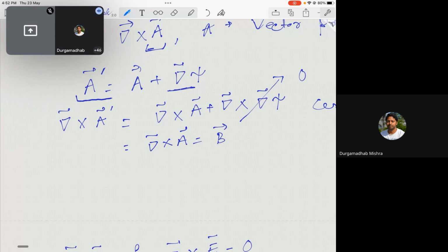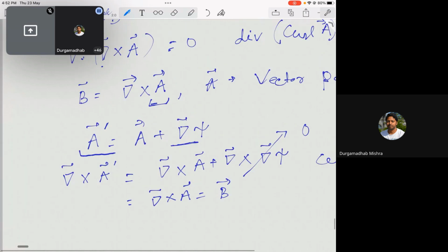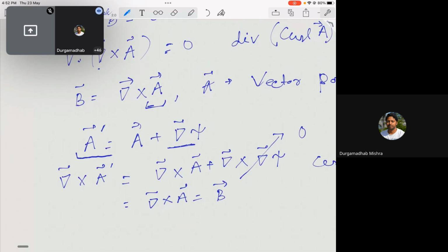This vector potential can be used to represent the magnetic field, because if you know the vector potential and take the curl of that, you get a magnetic field. But what you see is that this vector potential is not uniquely defined. If you look at scalar potential, it is also not uniquely defined.